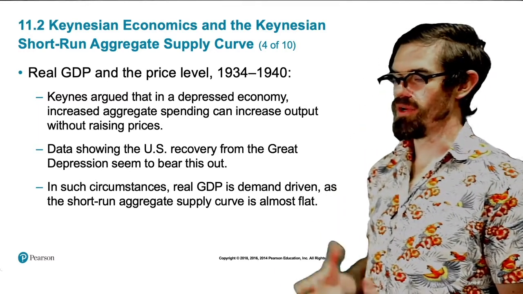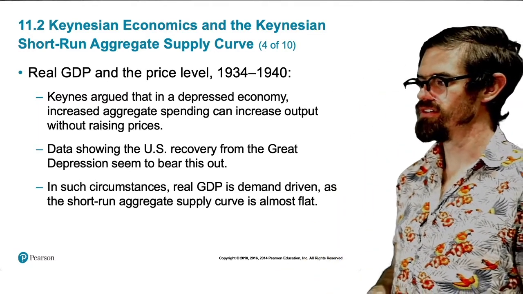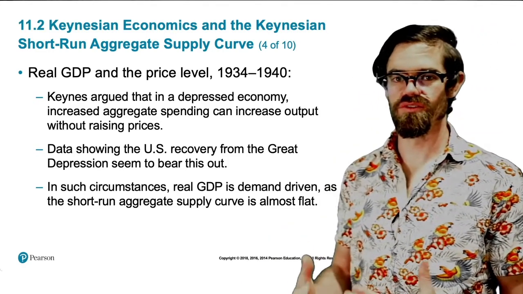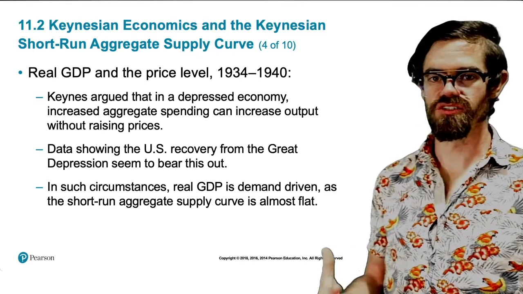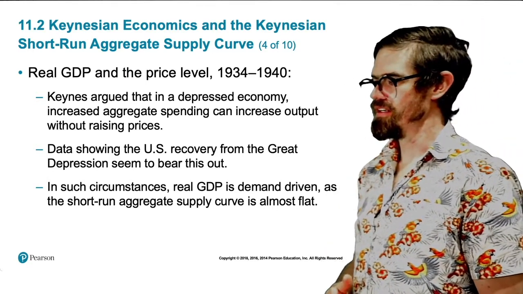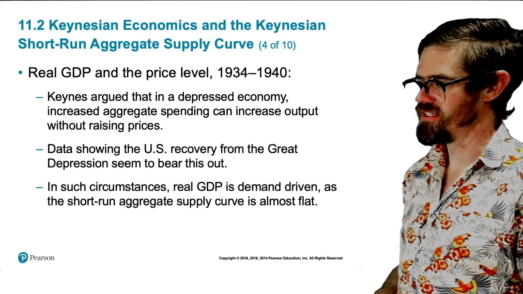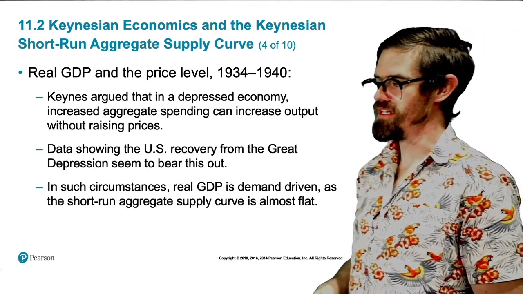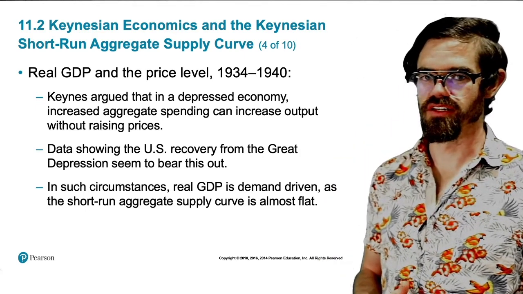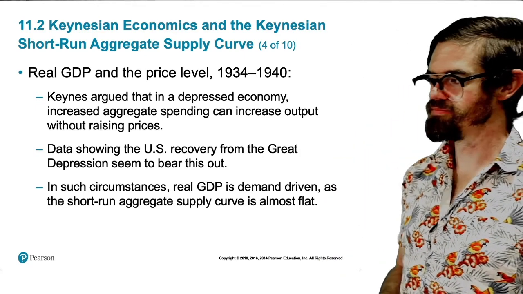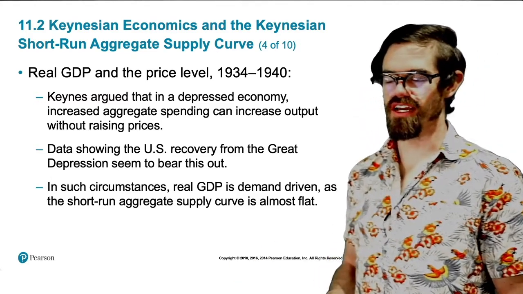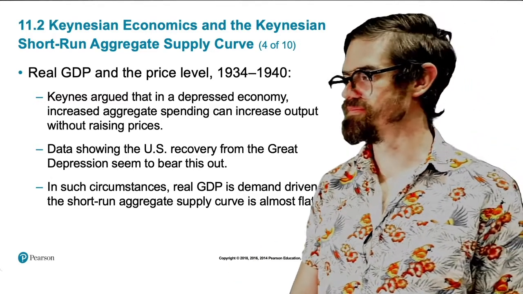And as a matter of fact, data showing the U.S. recovery from the Great Depression seemed to support this. And so in such a circumstance, real GDP is demand-driven. It's not supply-driven like in the classical model, right? And as a result, the short-run aggregate supply curve is flat, or at least almost flat.